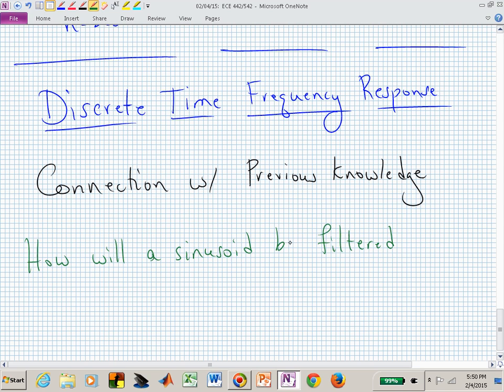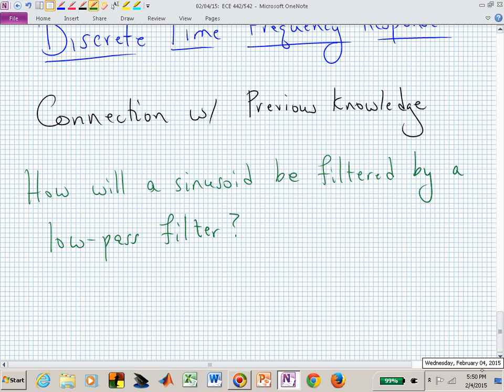So how will a sinusoid be filtered by a low-pass filter? That you should already know about. That should be previous knowledge.